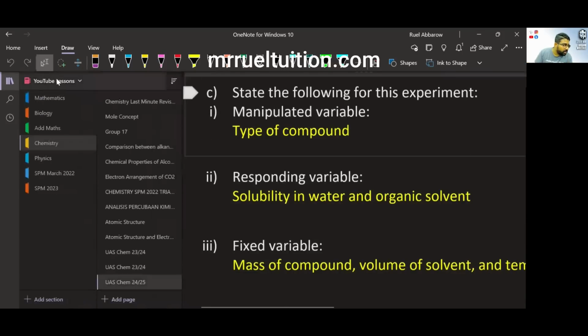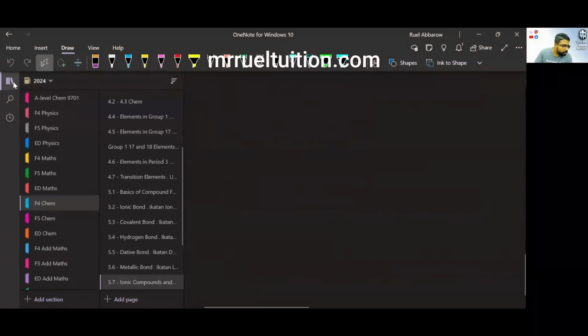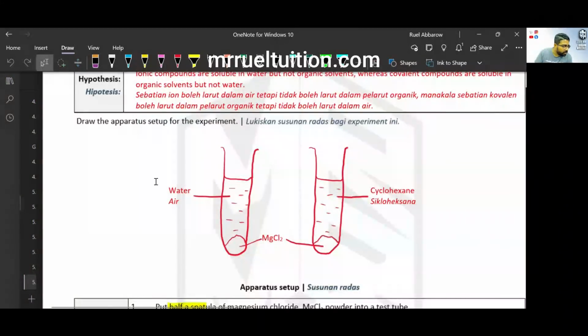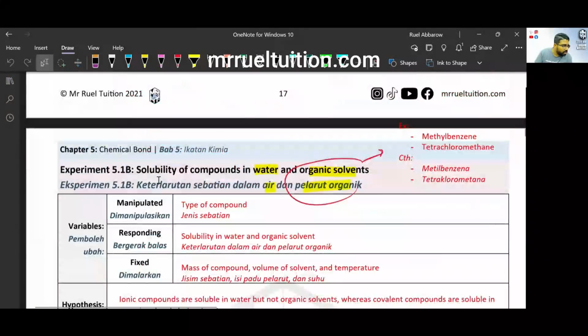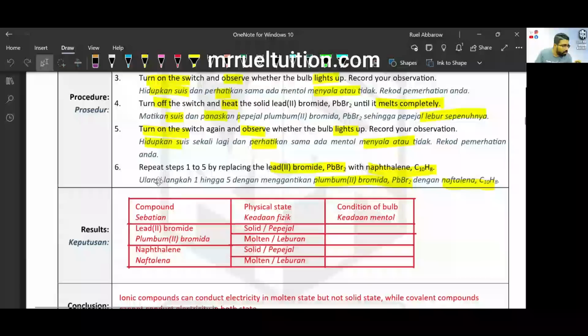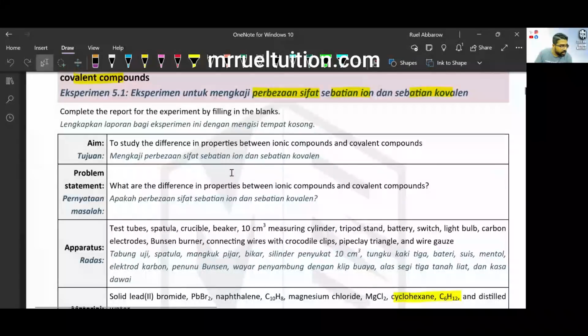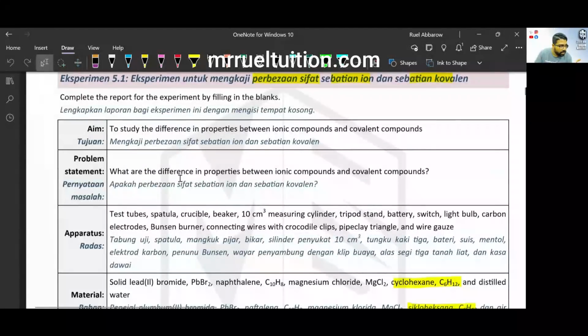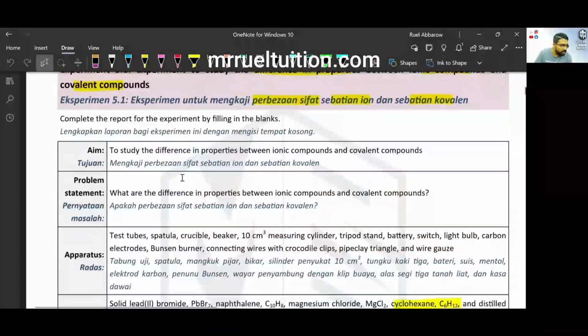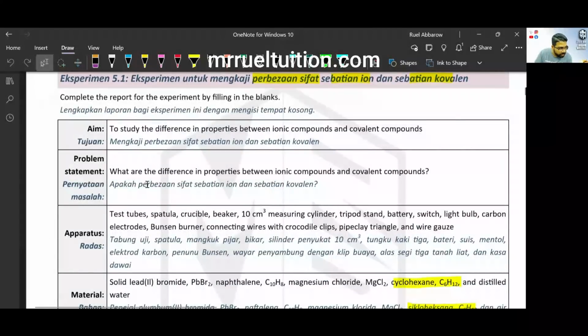So the problem statement for this one would be: what is the difference in properties between ionic compound and covalent compound? This is a general problem statement, so it is a poor choice, but the problem statement is something like this. So your hypothesis and your conclusion must answer this question.